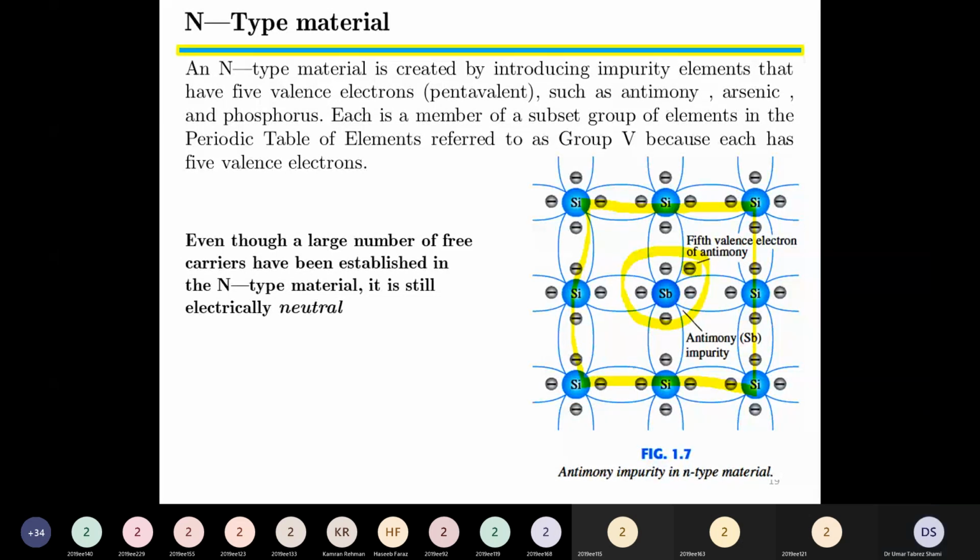But by the addition of antimony, we have one available electron which did not create covalent bonding with adjacent silicon atoms. It is available for conduction. This gives the creation of N-type material.